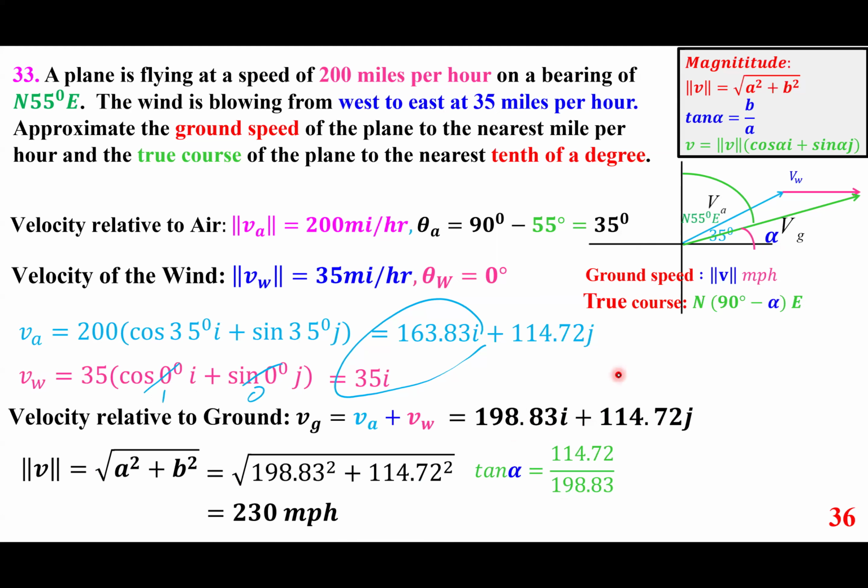And for alpha, you use a calculator and you end up with 29.98, let's say 30 degrees. Of course, you always round accordingly. And so the true course, if alpha is 30 degrees, would be north 90 minus 30, that makes it 60 degrees east. And the speed is 230 miles per hour.